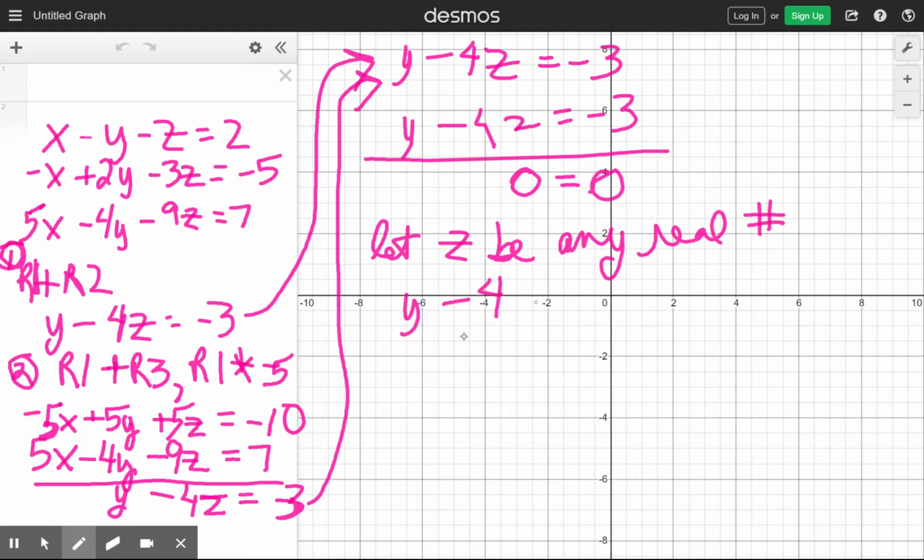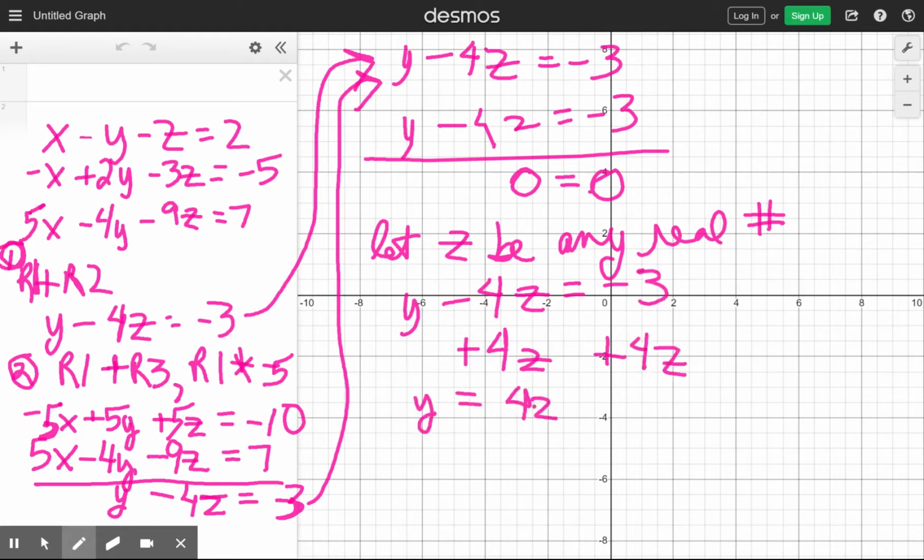So in other words, we'll just add 4z to both sides of this equation, leaving us with y is equal to 4z minus 3.